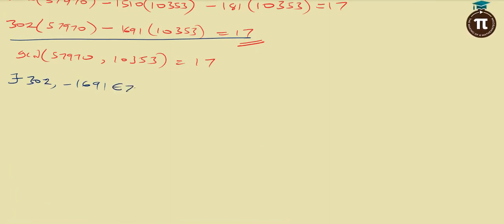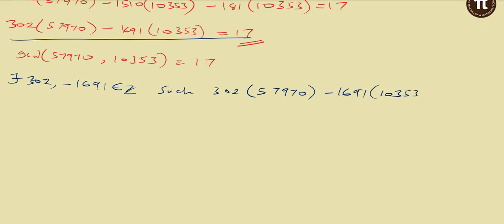Both of them are integers, such that 302 multiplied by 57970 and then minus 1691 multiplied by 10353 is equal to 17. So this is what they want me to obtain, and that is the answer.